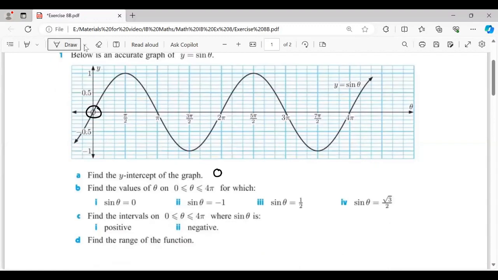B1: for which values sine theta equals 0. Look at this graph of sine theta. Sine theta equals 0 here, and here.